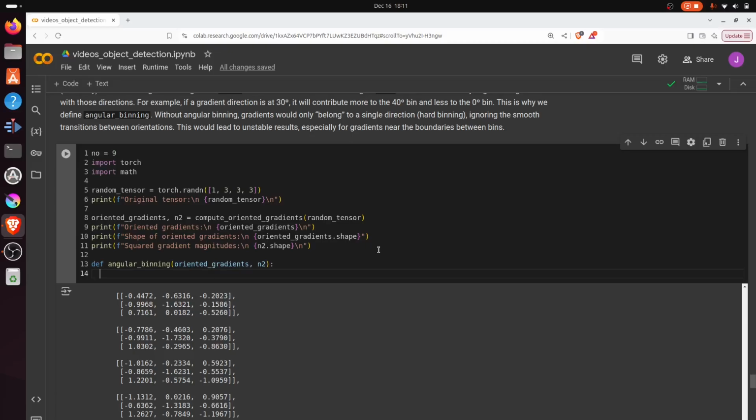To do that, we just need to take the square root, right? So we obtain the magnitude of the gradients.